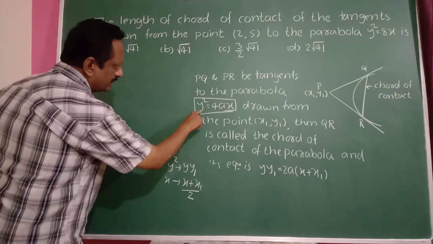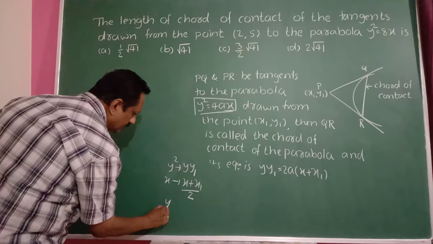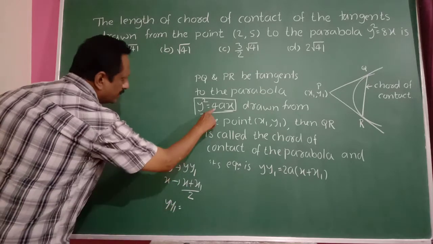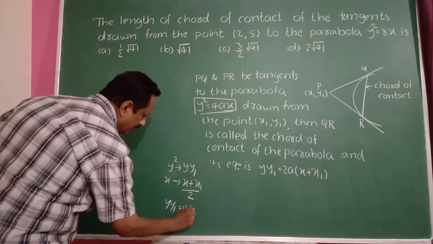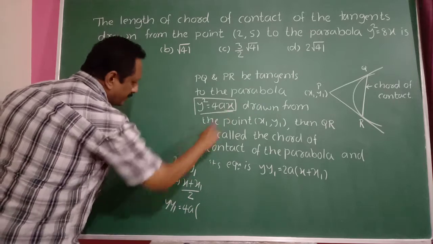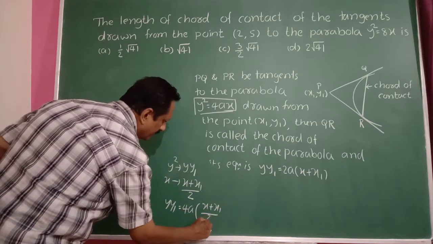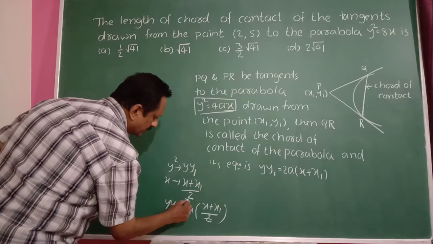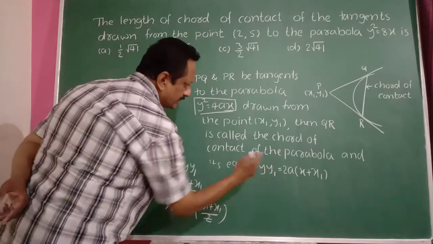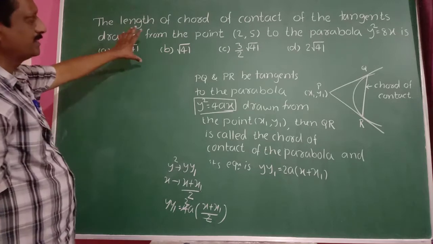So y y1, then 4a into (x plus x1) divided by 2. Then the 2s cancel, and this is the equation. So we are using the same method here.